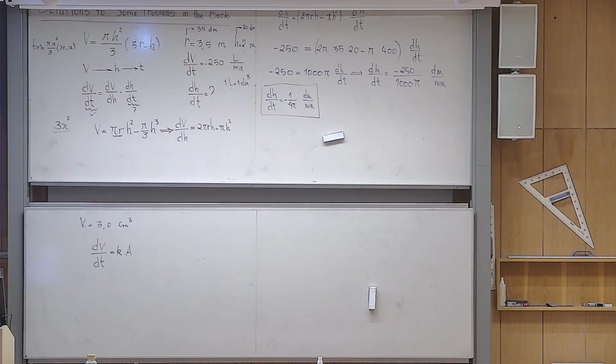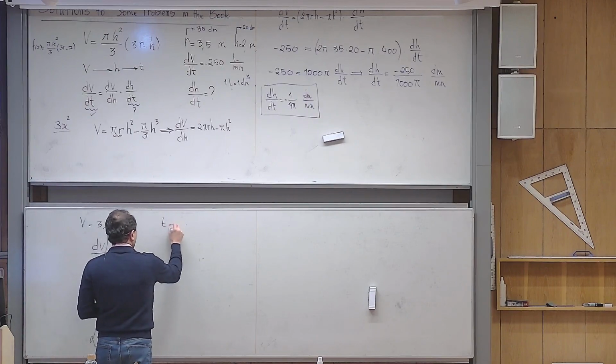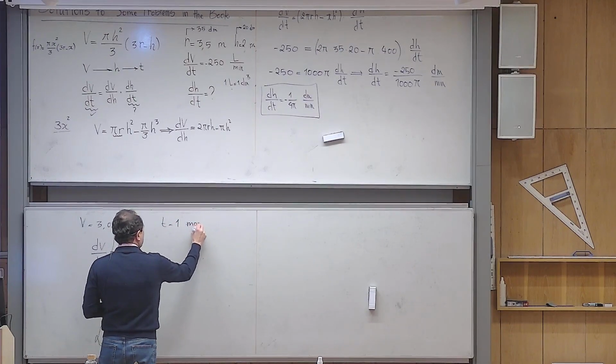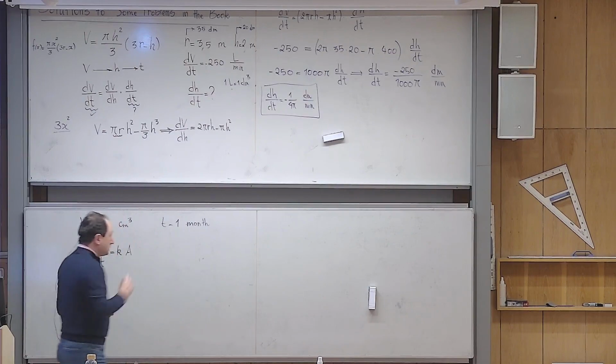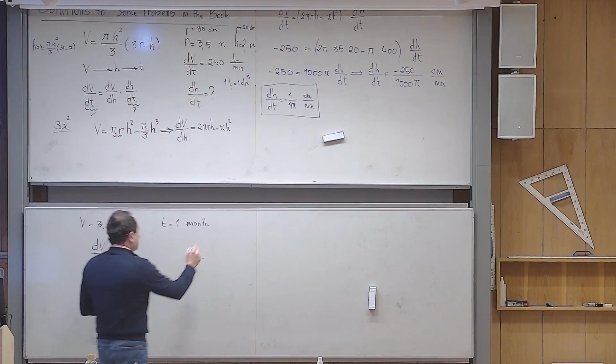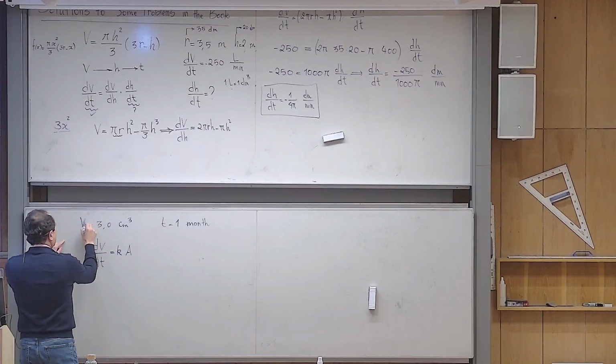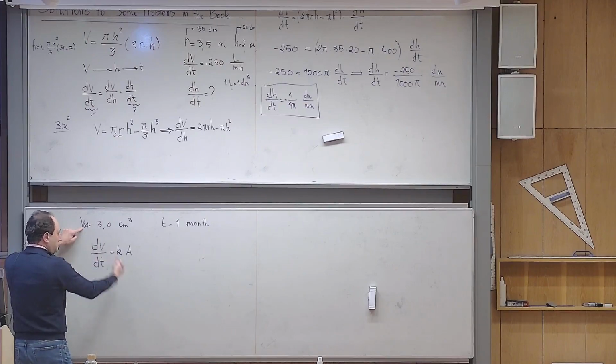After 1 month, the volume is 2 cubic centimeters. Okay, so the time is 1 month, and then the volume becomes this. So this is the initial volume. If you don't mind, let me write the volume when we start looking at this sphere.